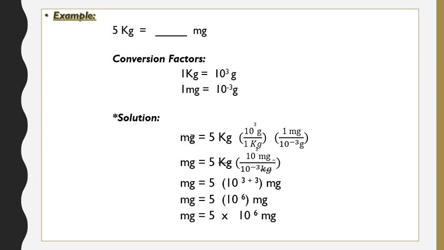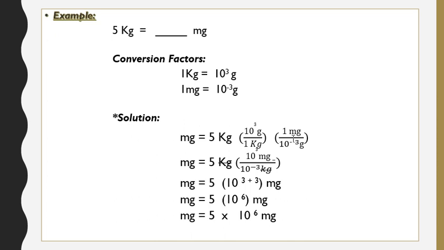We have milligram here because this is the unknown, what we are looking for. So milligram is equal to the given 5 kilogram. We will use the conversion factor: open parenthesis, 10 to the power of 3 gram over 1 kilogram. The kilogram here is what I took from the table. Okay.